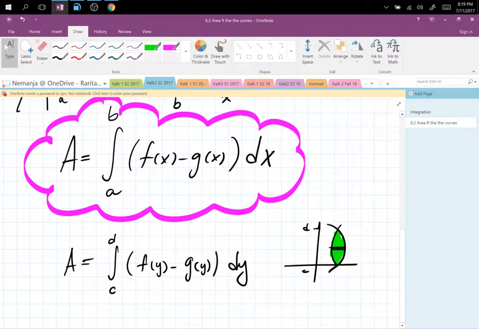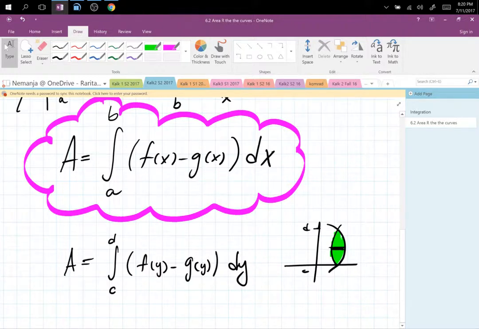So it's going to be further away minus closer by, if you want to think of it that way. If this shape was on the other side, then this function would be first and that one would be second because the shape's here.